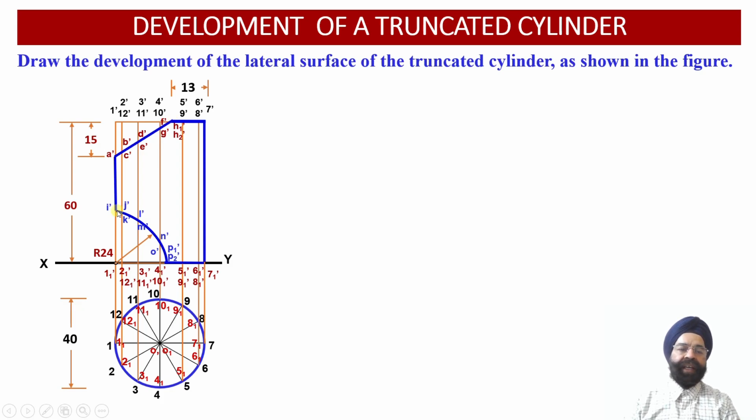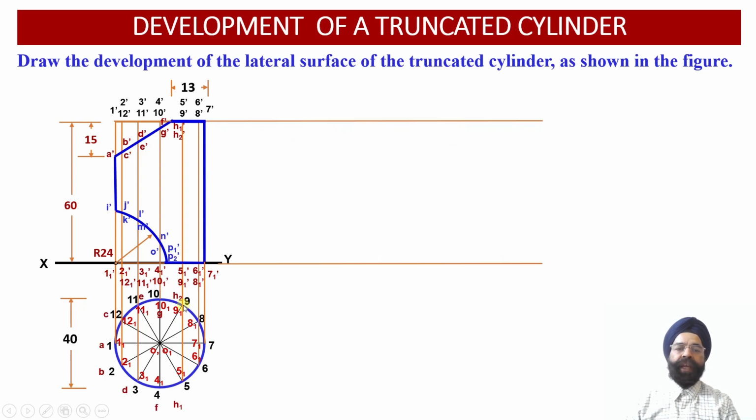Similarly, the circular cutting plane has also intersected with 7 vertical generators and 2 points of the base. So these are the 9 points observed by virtue of intersection of the circular cutting plane with the right cylinder.